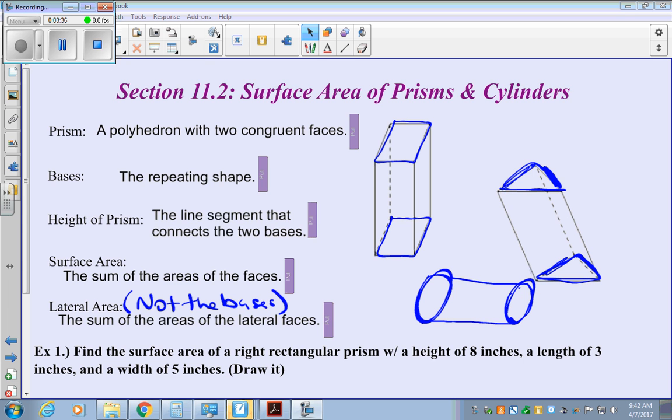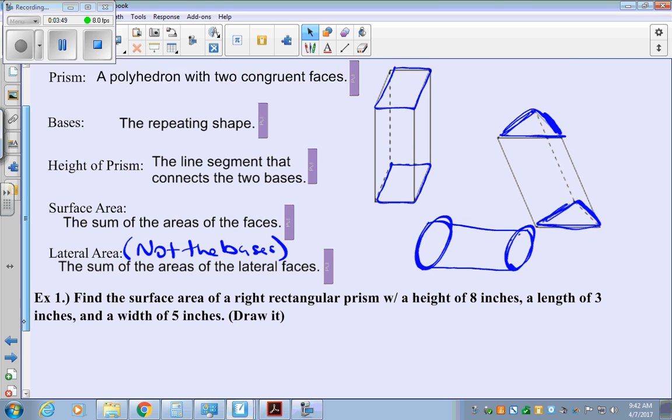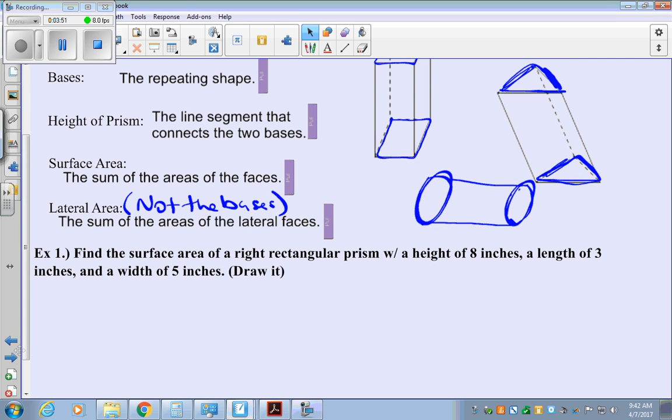So we don't touch the top, we don't touch the bottom, we just go around the sides when we're talking about lateral. I don't know why, that's just how I remember it. Okay, so it's the sum of the areas of the lateral faces, so just around the shape, not including the top and the bottom of the bases.